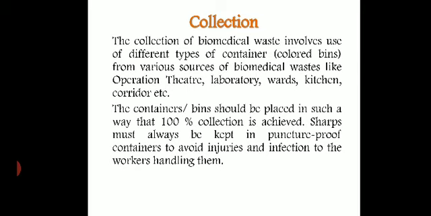Different types of containers with color bins are used for various sources of biomedical waste like operation theaters, laboratory, wards, kitchen, corridors, etc. Whatever biomedical waste is generated from all these is collected in the containers with different color bins. Then the containers or the bins should be placed in such a way that 100% collection is achieved.